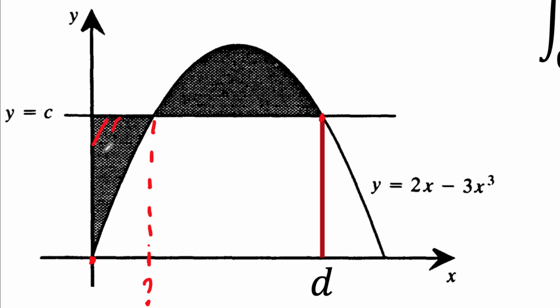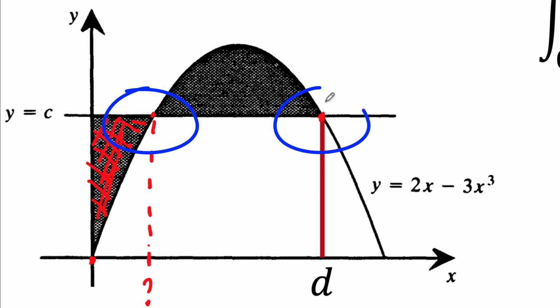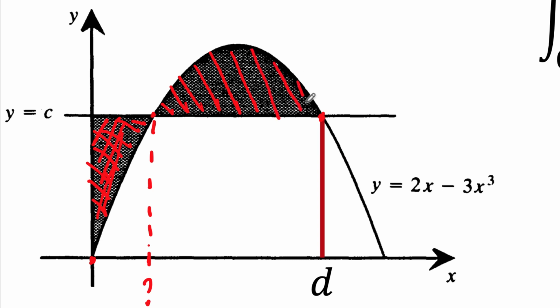Now in this left part, notice that the line y equals c is above the curve y equals 2x minus 3x cubed. After this point, going to this other point here, we have this area above the line y equals c, where the curve y equals 2x minus 3x cubed is above the line.